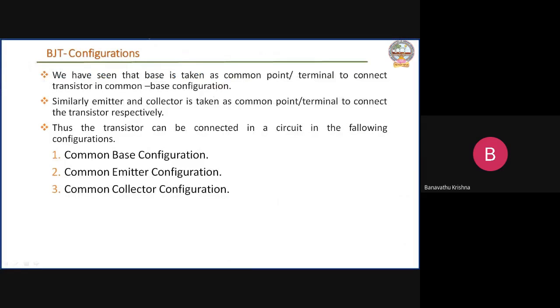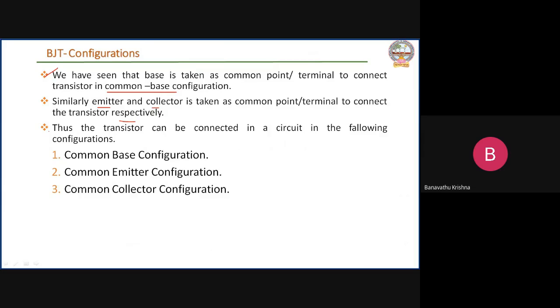BJT, bipolar junction transistor configurations. We have seen that base is taken as the common point or terminal to connect a transistor in common base configuration. Similarly, emitter and collector are taken as the common point or terminal to connect the transistor, called common emitter configuration and common collector configuration.